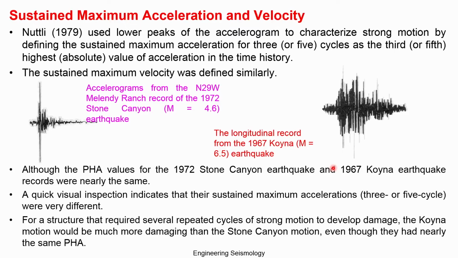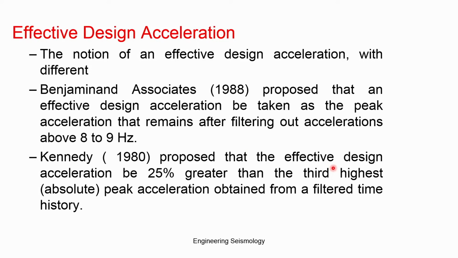So, another one is the sustained acceleration, like a particular number of cycles, how particular values are repeating. We have seen that a lower amplitude repeating several times will cause more damage than a very large amplitude occurring once. Okay. So, that has to be accounted for, which is why the time domain parameters of sustained effective and effective design acceleration are used.